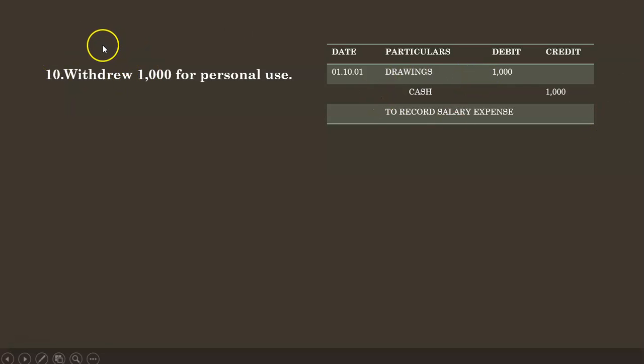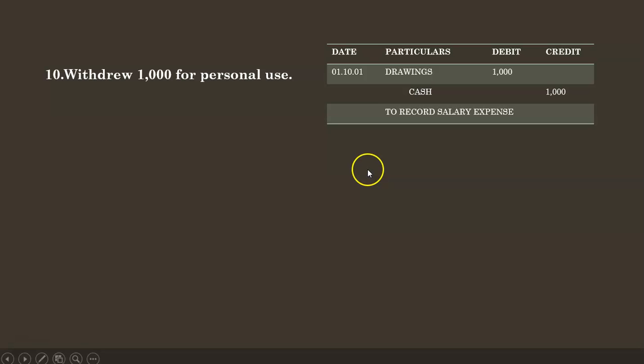Because of withdrawal, of course, what the owner withdraws is cash. Cash 1,000 pesos to record salary expense. Again, this is a wrong explanation, so you have to change this to record drawings of Mr. Cruz for personal use or to record drawings. I'm sorry again for this. I forgot to edit the explanation. Okay, don't forget our corrections for your future reference.